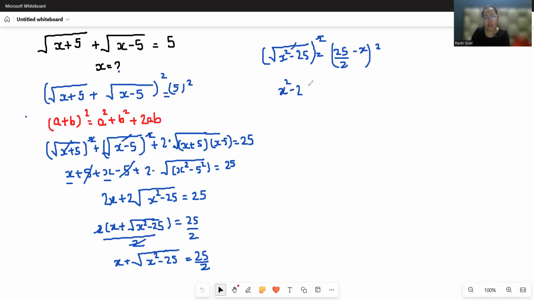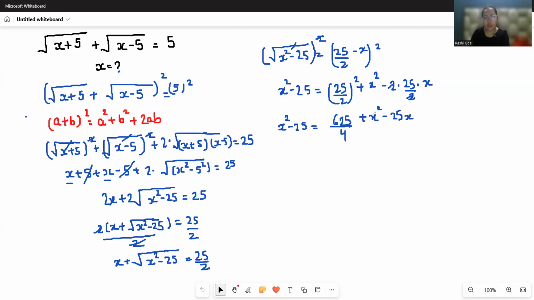So x square minus 25 equals, here I am going to use the identity (a minus b) whole square, which is a square plus b square minus 2 times a times b. So this will cancel out. So x square minus 25 equals 25 square, which is 625 by 4, plus x square minus 25x.